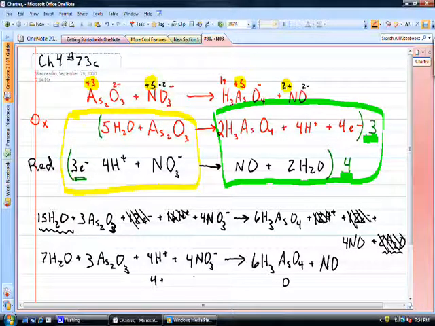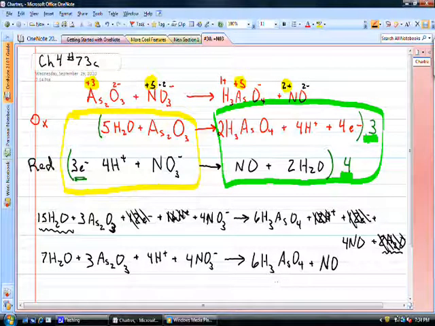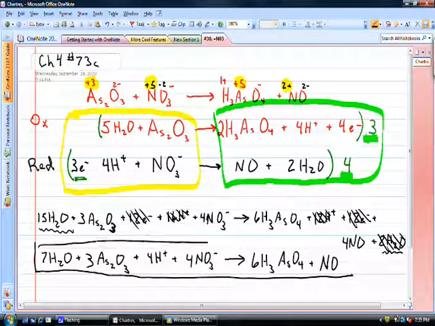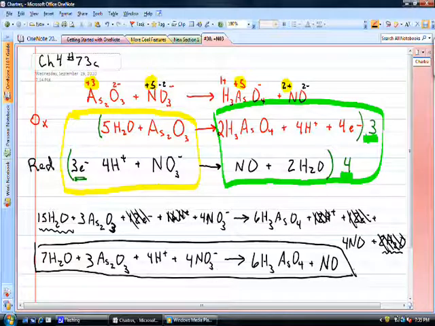Here we have 4 plus and 4 minus, so the charges add up to 0 on both sides. So the equation is now balanced. This is our balanced redox reaction for the reaction that we started with. Wasn't that fun?